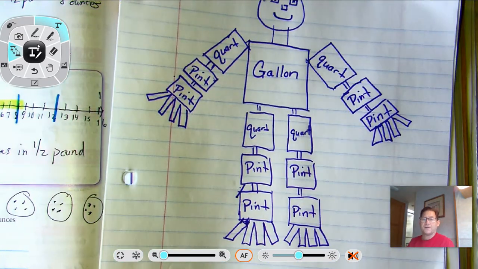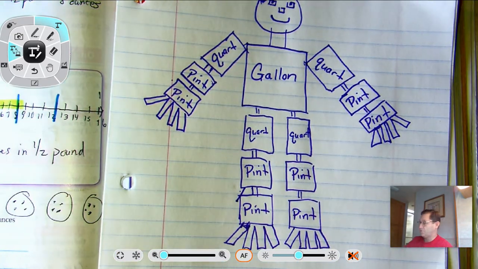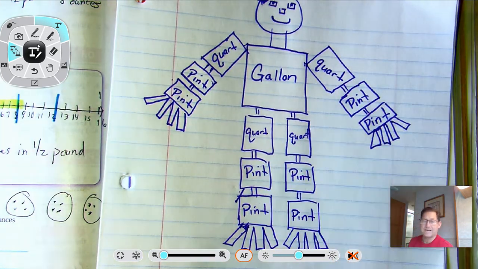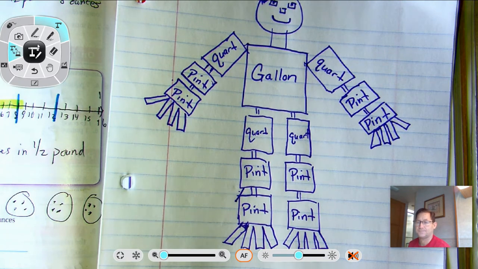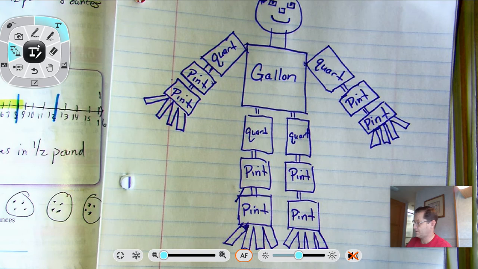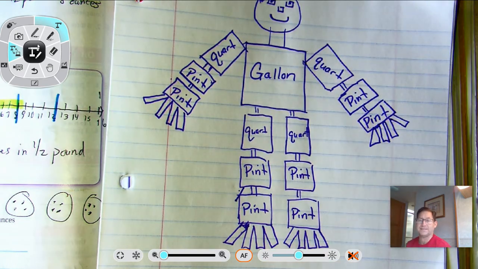So 2 pints in a quart, 2, 4, 6, 8 pints in a gallon. How many pints in 2 quarts? 1, 2, 3, 4 pints in 2 quarts.